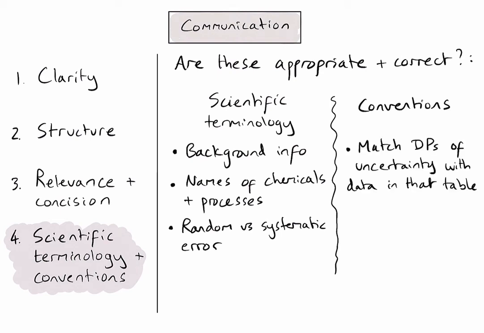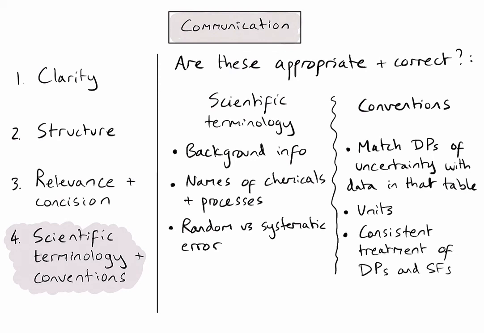You'll need to check that all measured or calculated values have units. You'll need to consistently consider the use of decimal places or significant figures in calculations. You'll want to check that there are titles or labels on all images, tables and graphs in your report. And finally, make sure to reference information that is not your own.